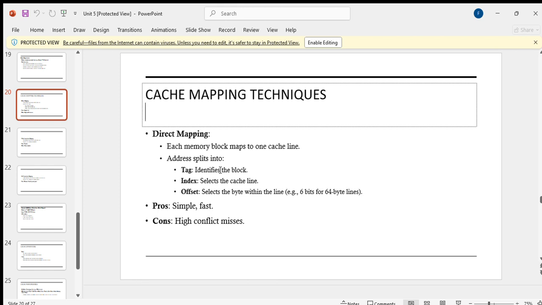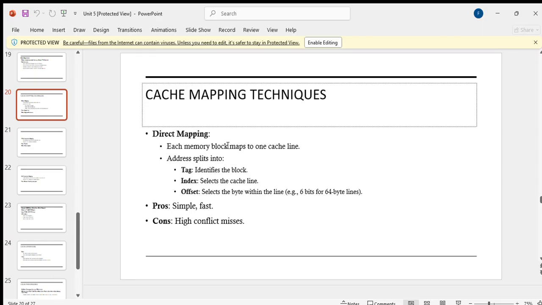So from the line we can see that each memory block maps to one cache line. Let's say we have items like Jamal, Kofi, and Salim, and we have one line, let's say Human.